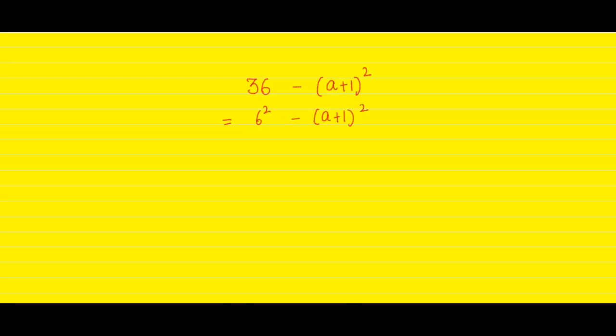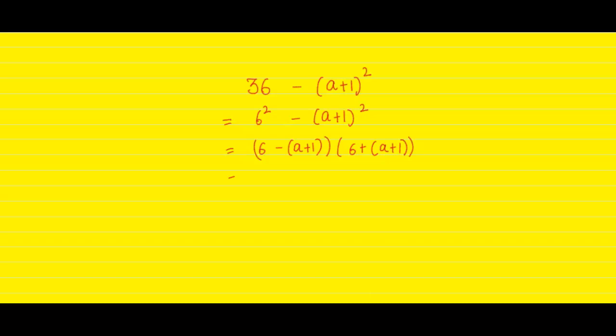Now we can see this is a difference of squares only. So what are we going to do? We are simply going to use the difference of squares. The factors are 6 minus (a plus 1) and the other factor is 6 plus (a plus 1). But we are not going to leave our answer with these brackets.